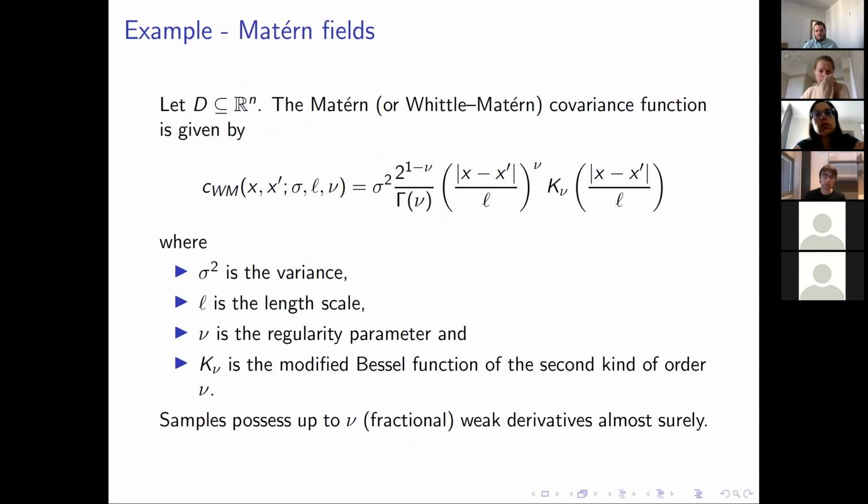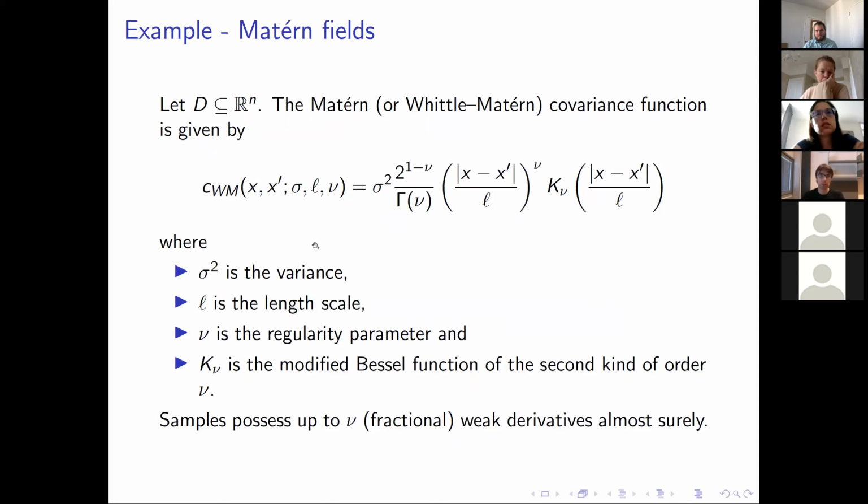So another topic is Matérn fields. There were already a couple of talks mentioning Matérn fields, so I'm just going through quickly. Matérn fields are Gaussian fields with covariance functions defined as here, and you have a couple of parameters worth pointing out.